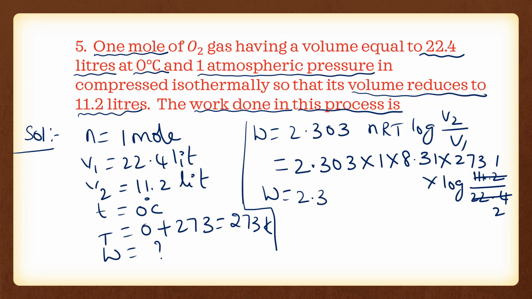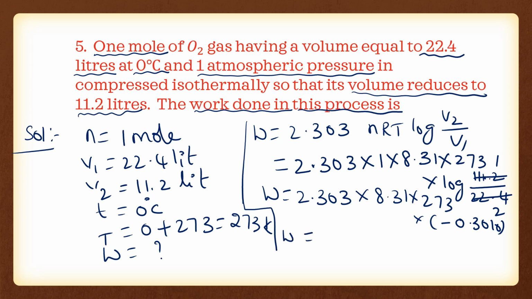So substituting this value, W is equal to 2.303 into 8.31 into 273 of minus 0.3010. Log 1 is 0, log 2 value 0.3010.